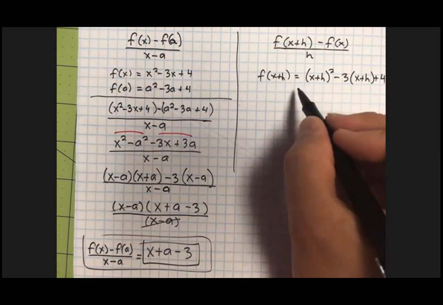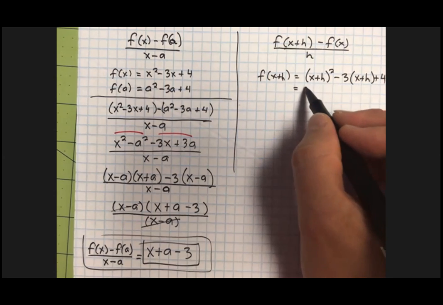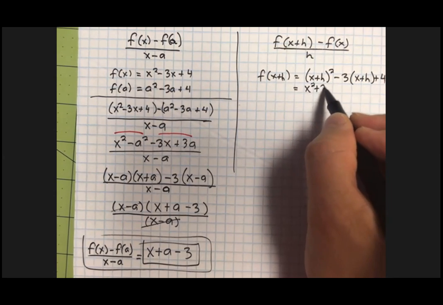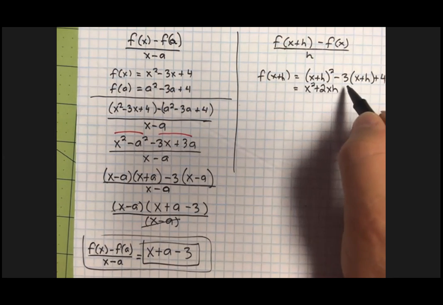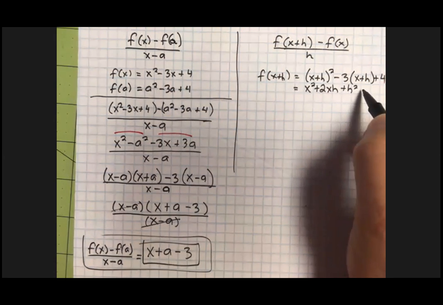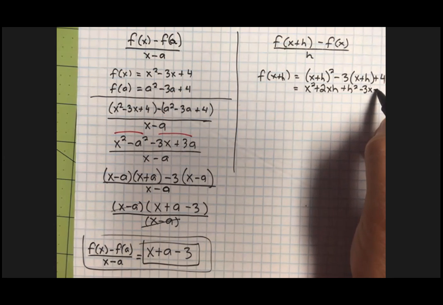But that requires me to FOIL this out. X squared plus 2xh plus h squared minus 3x minus 3h plus 4.